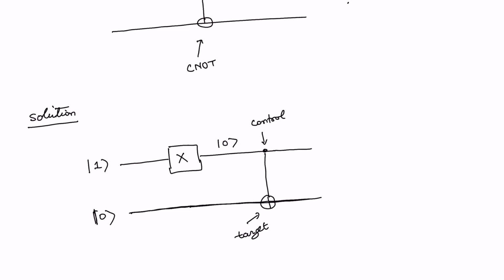Now as per the property of the CNOT gate, its operation goes like this. The target is not going to get flipped if the control is 0. So at the output of this CNOT gate you are going to get |0>.